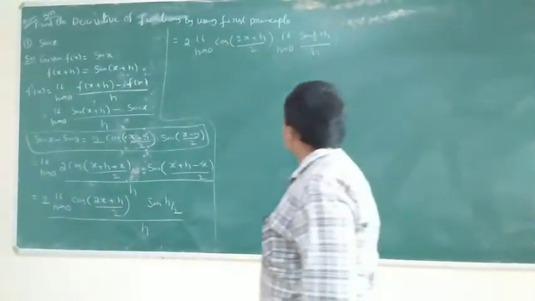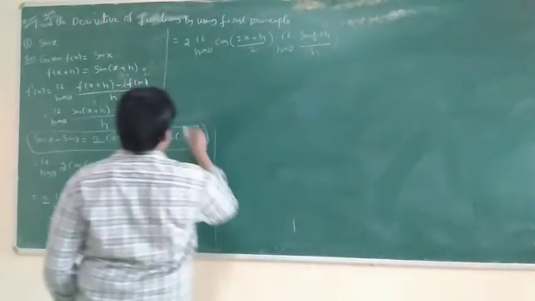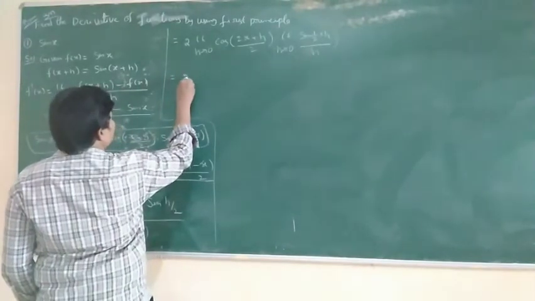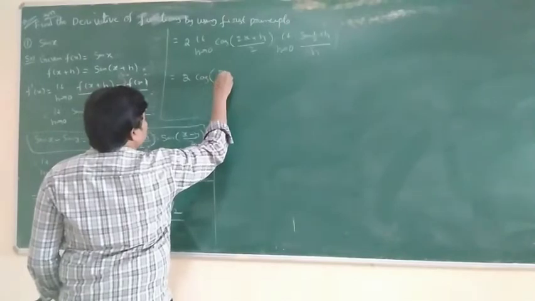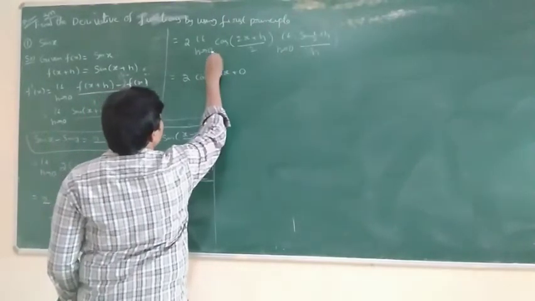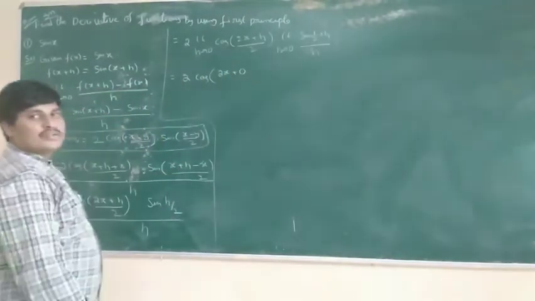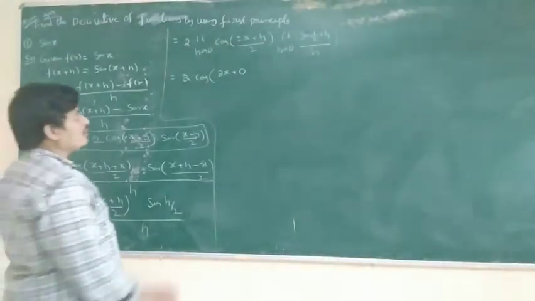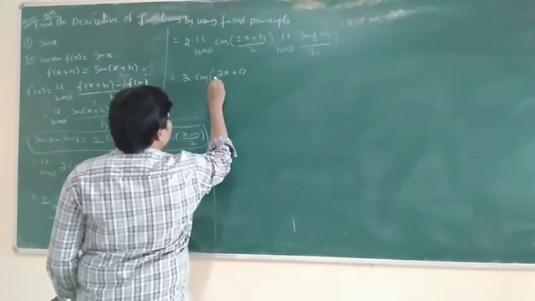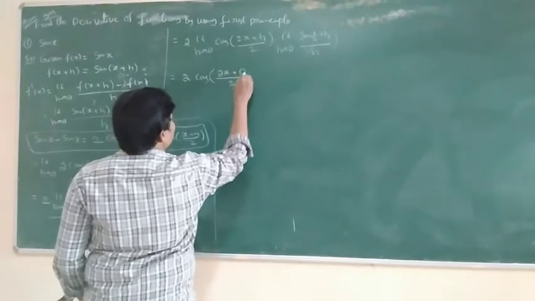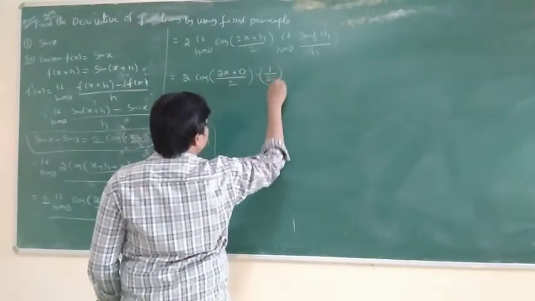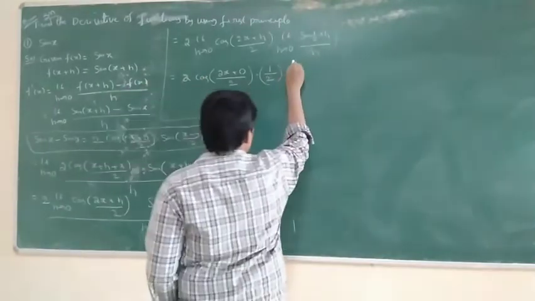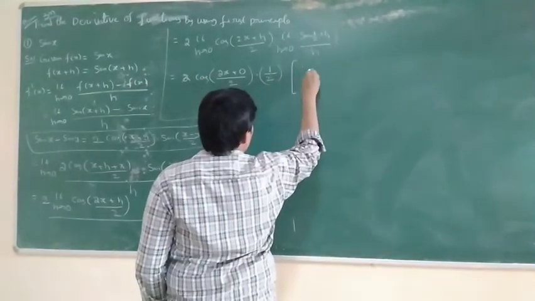Okay, so apply the limits directly. That is equal to 2 into cos of (2x plus 0). h tends to 0 is nothing but h is equal to 0, so substitute h equal to 0: 2x plus h value 0, by 2, into 1 by 2. The 2s cancel because of the formula. Which formula?